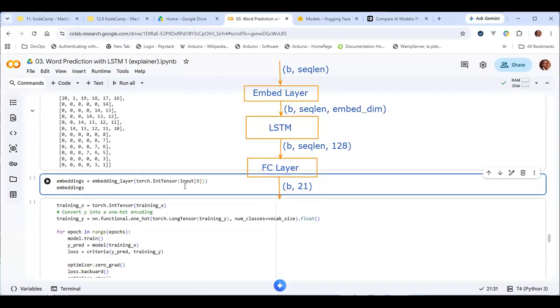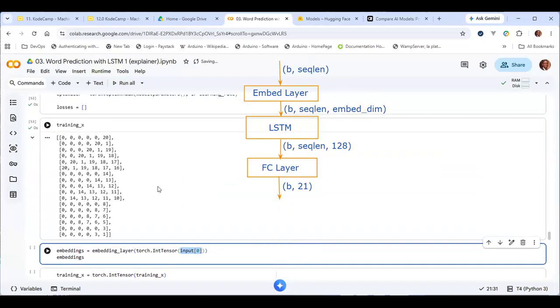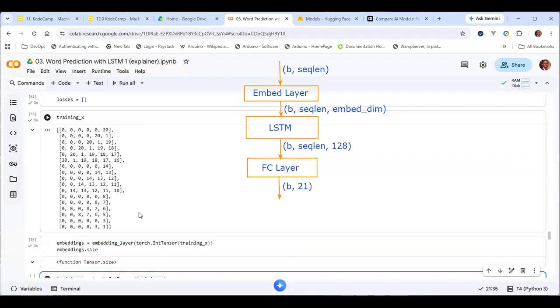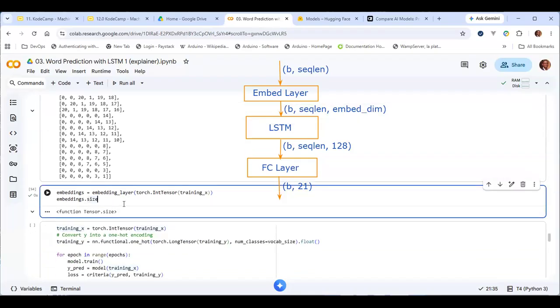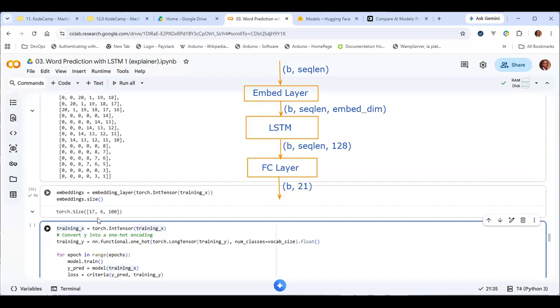So we now take, instead of input 0, which was just the first one, the whole input that we have processed, that is training X. I want to look at the shape or the size because this is now a torch tensor. It's a function, so let me call the function. You can now see it has 3 dimensions, like I was saying. By the time you put it into an embedding layer, it extends it.